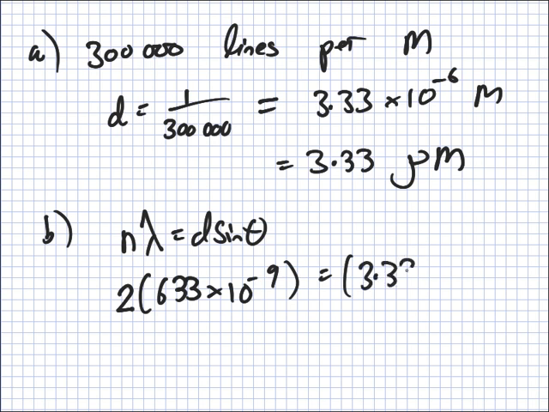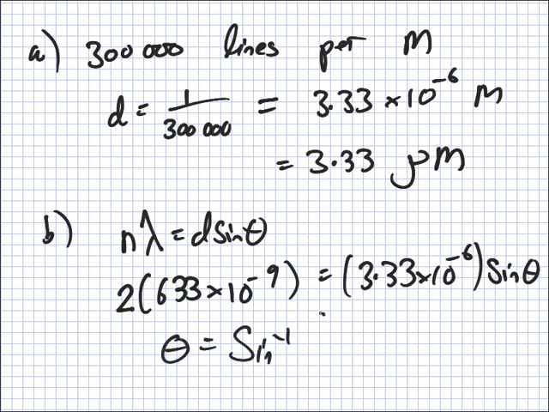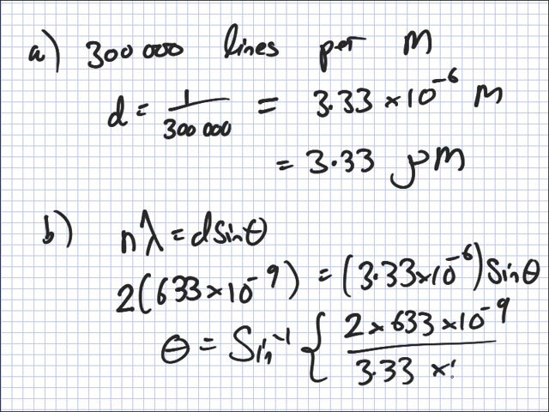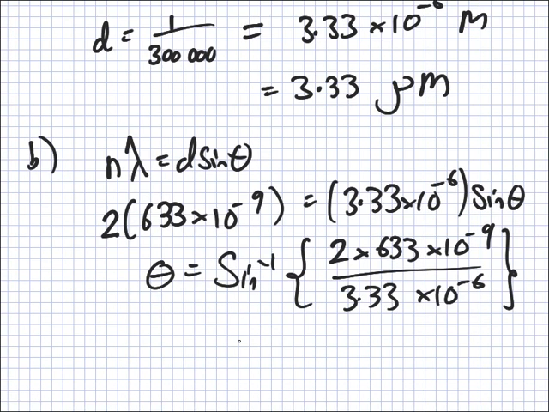It's 3.33 times 10 to the minus 6. And we're looking for the theta here. So theta will be sine inverse of 2 times 633 times 10 to the minus 9 over 3.33 times 10 to the minus 6. So 22.3. Excellent. Okay.